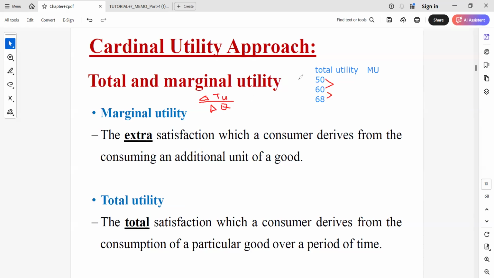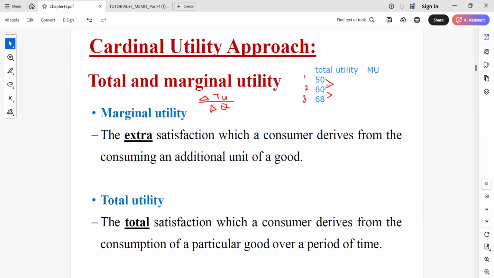For your quantity, you have 1, 2, then 3, because you first consume one unit, then the second, then the third. So the change in quantity is always 1, because 3 minus 2 is 1, and 2 minus 1 is 1.